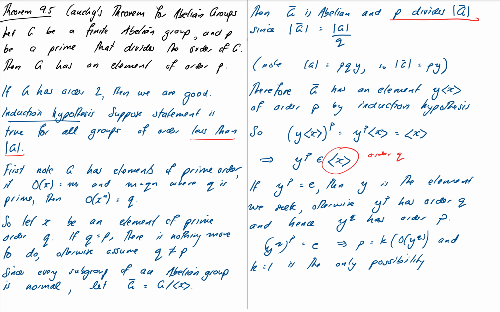Alright, and then we're done. Okay, so all of that, finally we've established at the very end that y to the q is our element of order p that we were looking for, and we're finished.